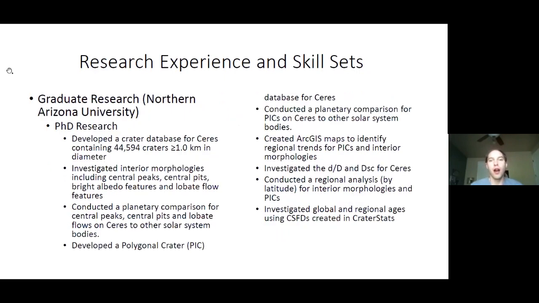Thank you. And then my PhD research was also conducted at Northern Arizona University. So I developed a crater database for Ceres containing about 44,594 craters greater than or equal to 1 kilometer in diameter. This database contains a variety of information, including latitude, longitude, crater diameter, interior morphologies, ejecta blanket morphologies, crater depth, crater rim height.